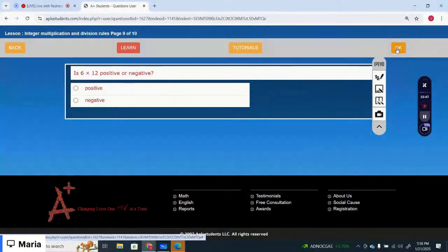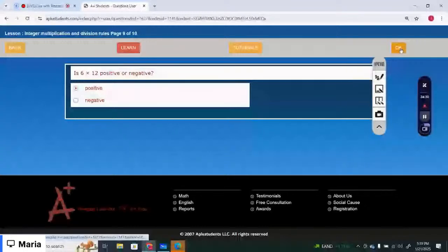Is 6 times 12 positive or negative? Positive, it is option number 1.